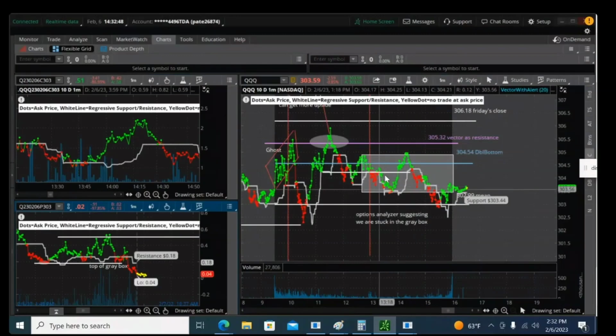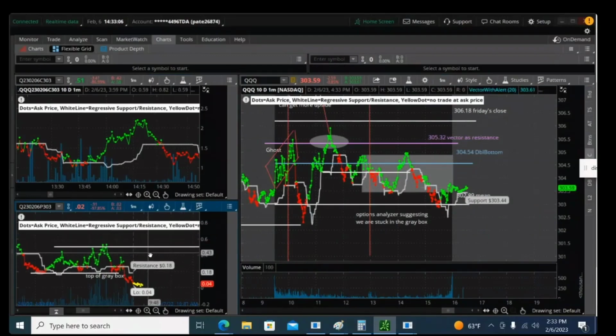But here it was just a normal move. We did break out a little bit below here. I was a little surprised it broke out so much, but then it turned and finished up there. So that was another opportunity.